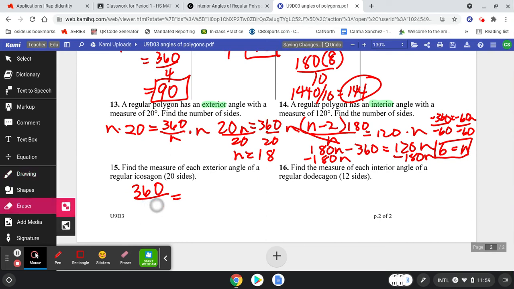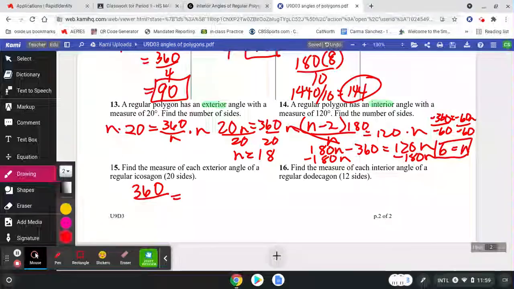They're giving us the number of sides. Oh, just kidding. We did it right. It just equals 18 degrees, not sides. So the number of sides is 20. 360 divided by n, and that gives me my 18 degrees.